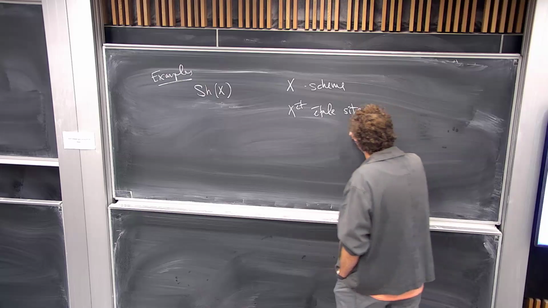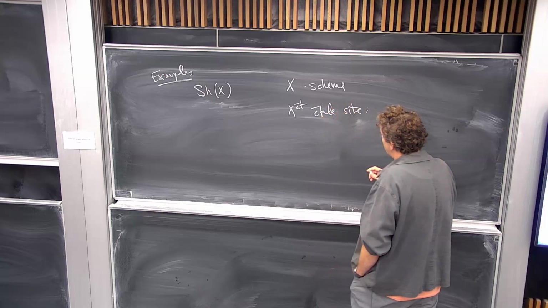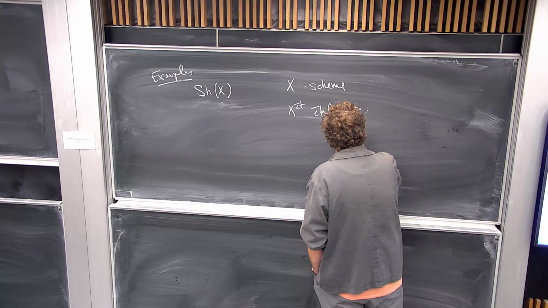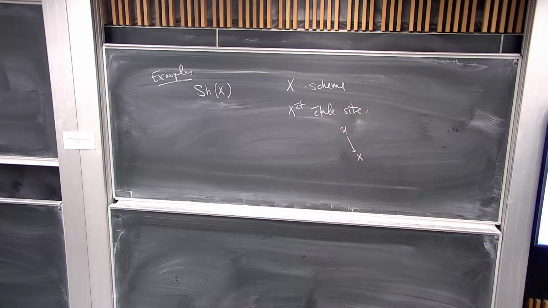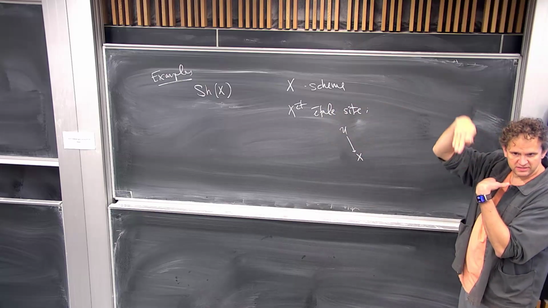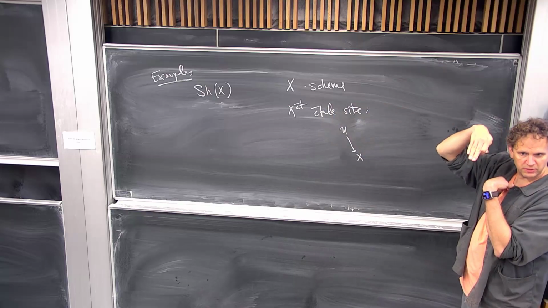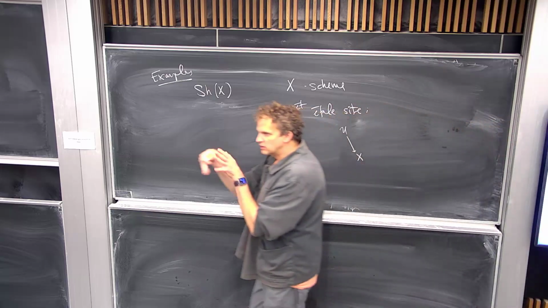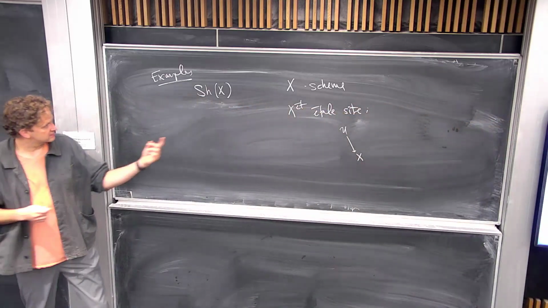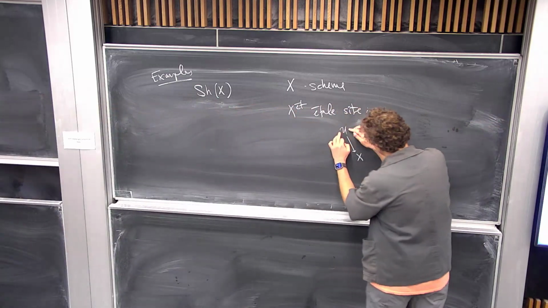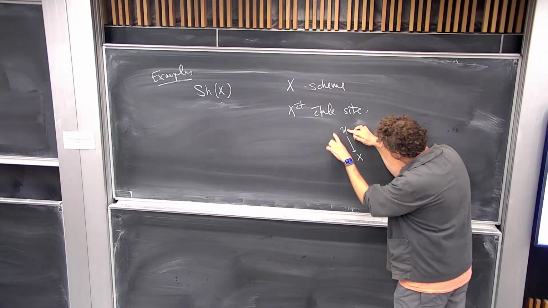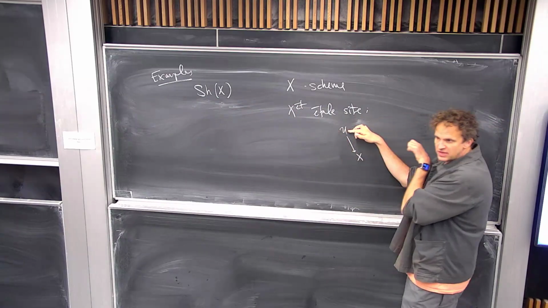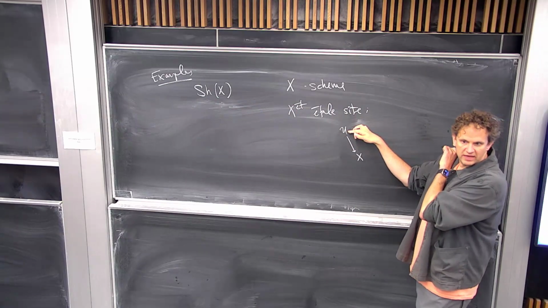The objects of this category are what are called Atoll maps down to X. Atoll maps are basically composites of covering spaces, things that function like covering spaces in algebraic geometry, and open inclusions. So you can think of this as something like a covering space of an open subset of X. That's roughly what that is.